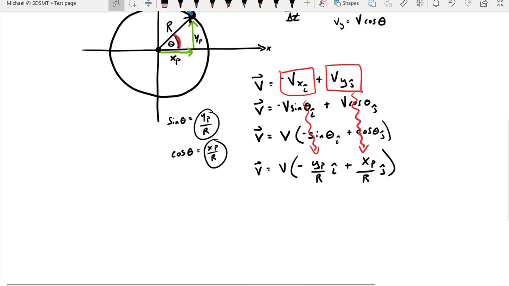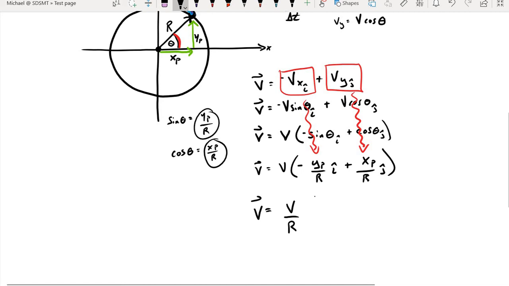Let's continue with what we have. The goal of this particular step was to get the radius of the circle as a part of this expression, and we've succeeded in that. Both terms inside the parentheses now have r in the denominator. So we'll factor that out.